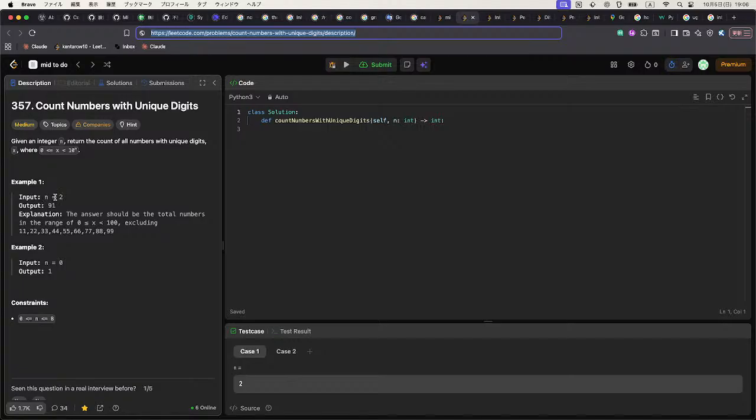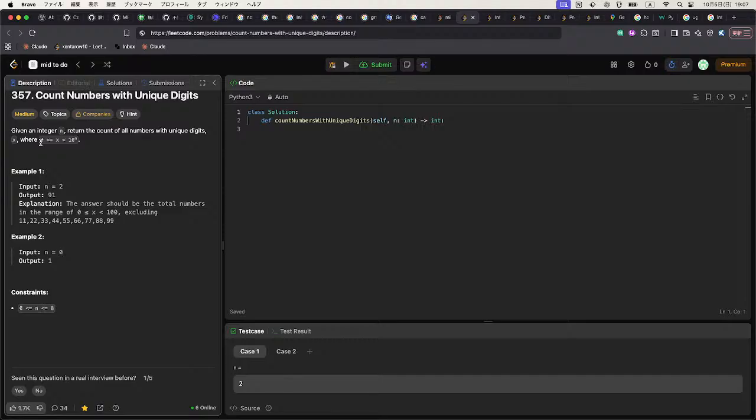For example, if the n is 2, we are thinking about the range from 0 to 100, and in the range there is nine numbers that have duplicate digits.